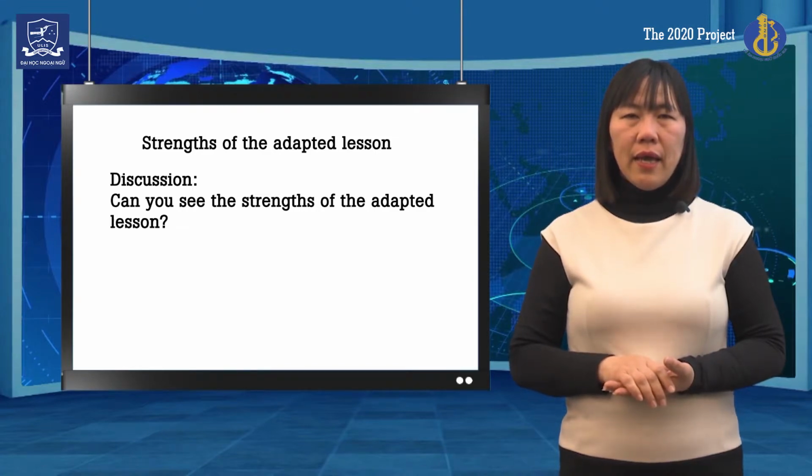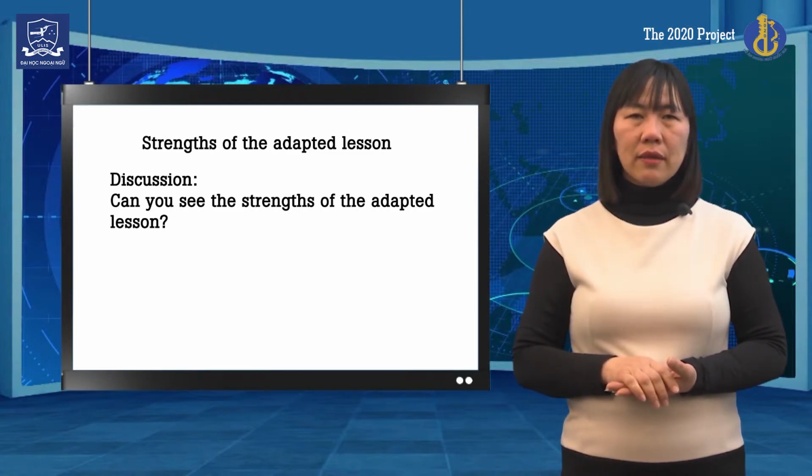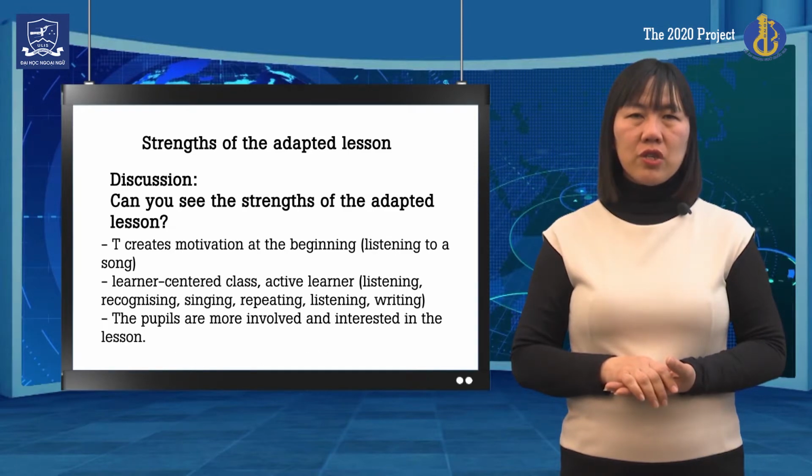As you can see, this adapted lesson is much better than the old lesson in some ways. First, the teacher creates motivation at the beginning by letting the pupils listen to a song.